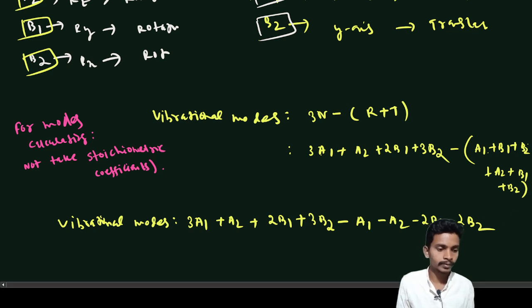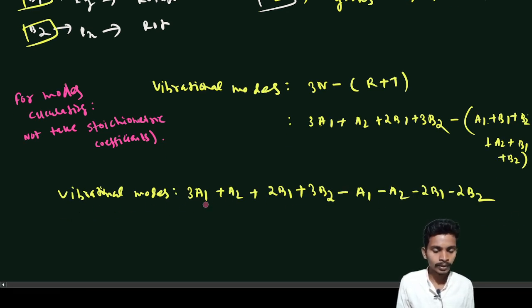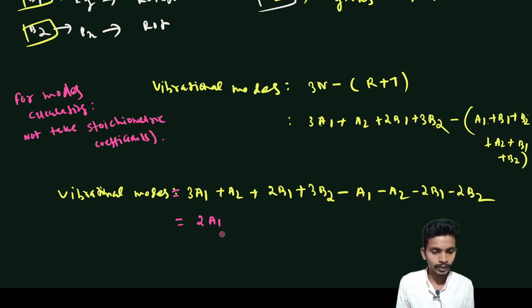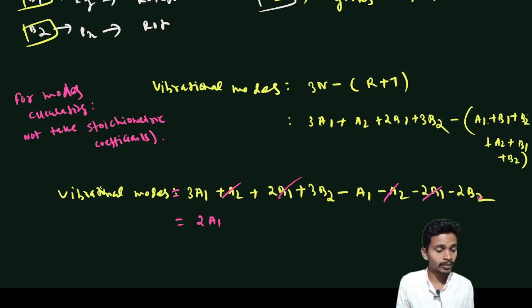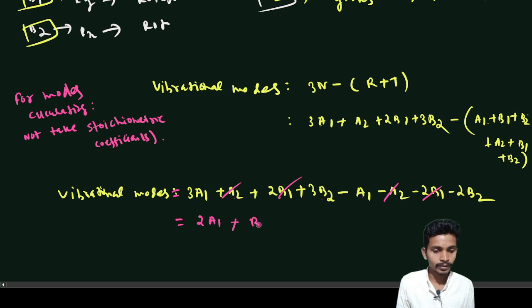Okay. So now if you do it, how will you get the vibrational modes? 3A1 minus A1 becomes 2A1, A2 cancels, 2B1 and this B1 leave B1, and 3B2 minus B2 gives 2B2. These are the vibrational modes.